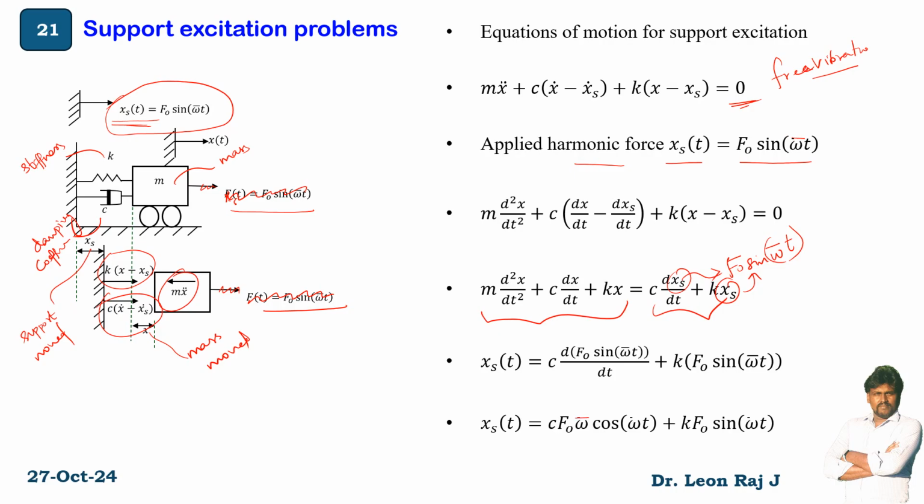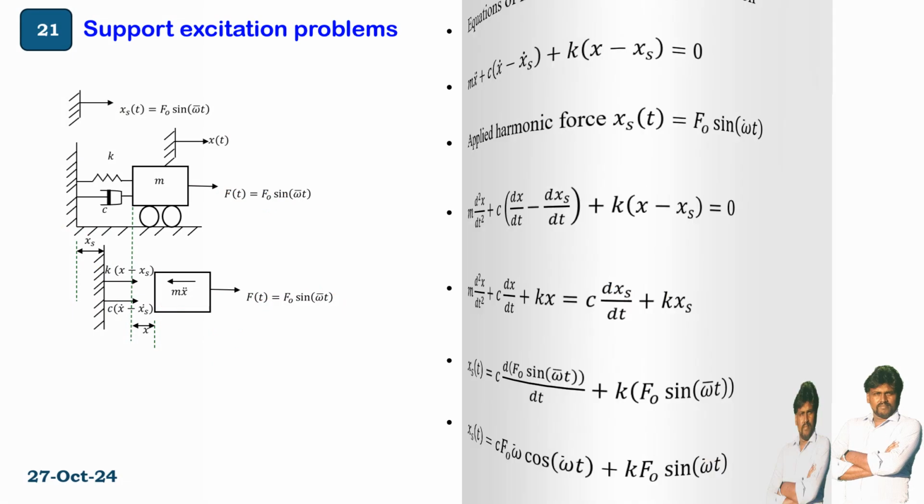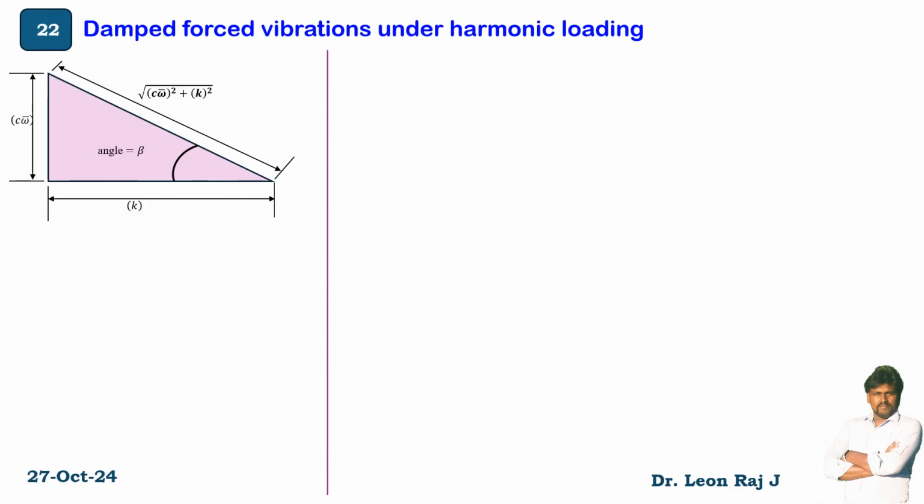So c into f0 omega bar into cos omega bar t plus k into f0 sine omega bar t. So your opposite side is c omega bar, and adjacent side is k, and your hypotenuse is square root of (c omega bar) square plus k square. So your tan beta is equal to c omega bar divided by k.